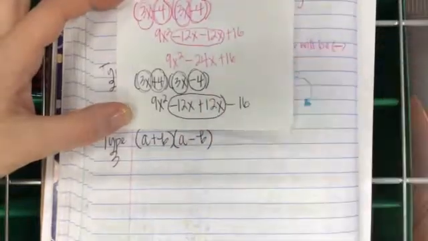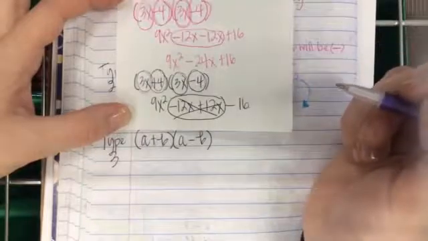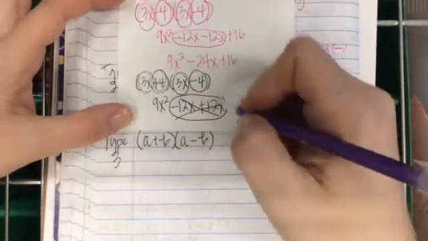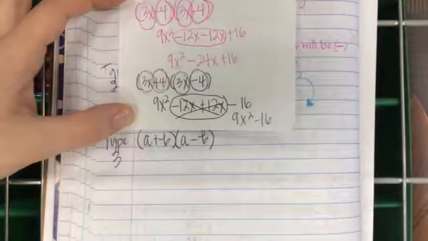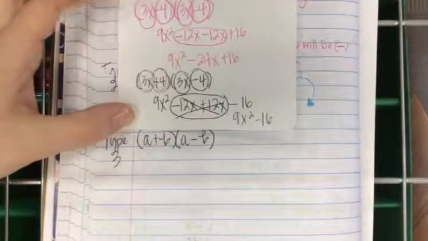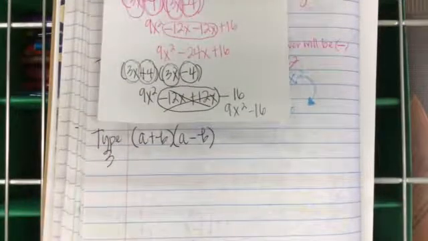What happens to those? They cancel out. They're opposites. That's always going to happen. So my answer is 9x squared minus 16. So if one's positive and if one's negative, the middle term disappears.